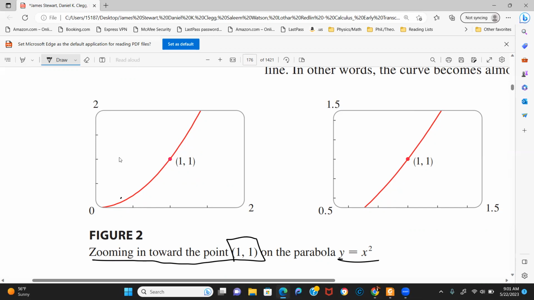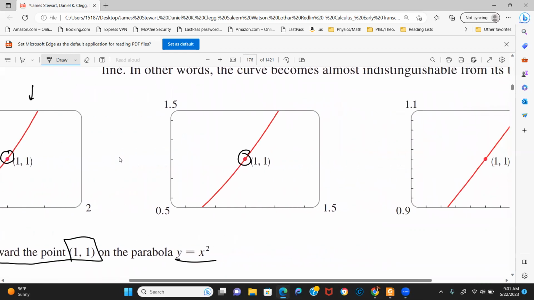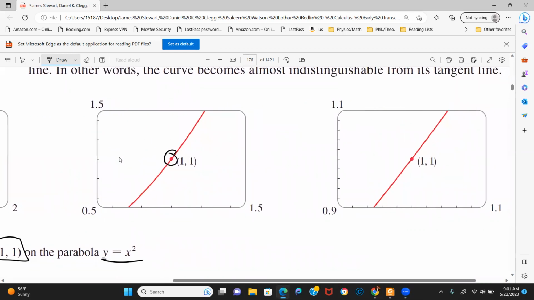In this first diagram, when you look at the curve near this point, it still looks like a parabola, but when you zoom in a little bit, it starts to flatten out. And finally, if you zoom in enough, it just looks like a straight line. So that's another way of thinking about differentiability: a function is differentiable at a point if you can zoom in close enough that it looks like a line.